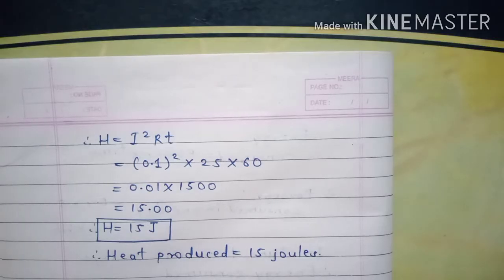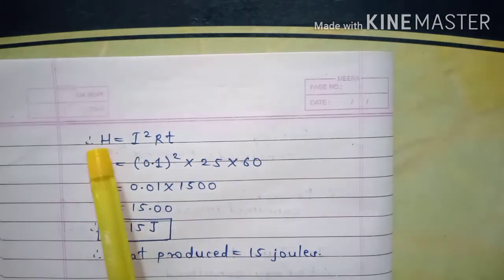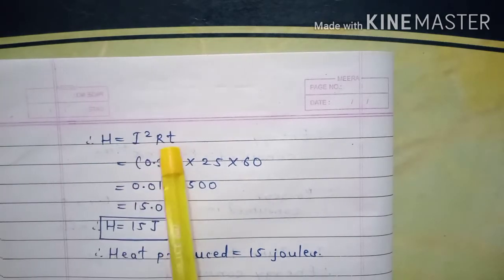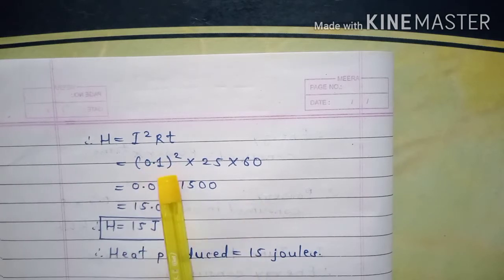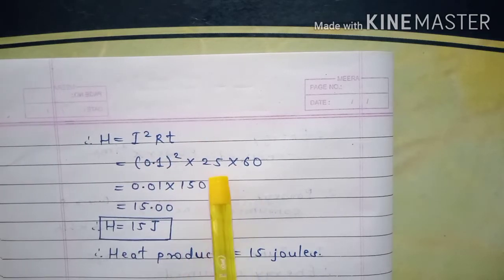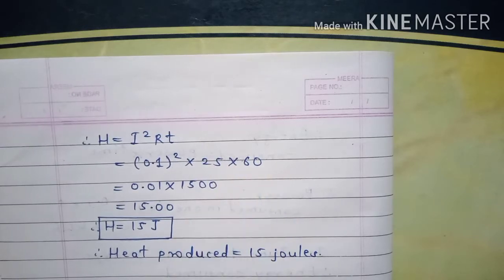Now here we have to calculate this heat produced in joule. So there is a formula, H is equal to I square R into T. We will put the respective values, that is 0.1 square into 25 into 60. So 0.1 square will be 0.01 into 25 into 60, which will be 1500.